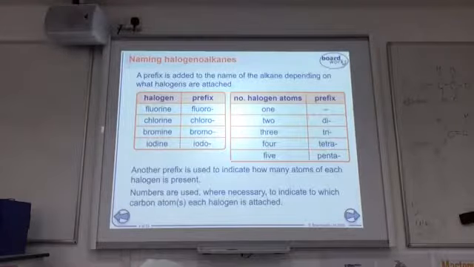So alphabetical order if you've got different halogens. Yeah, that's exactly what it says in the book. If there are 2 or more different halogens, then their prefixes appear in alphabetical order.